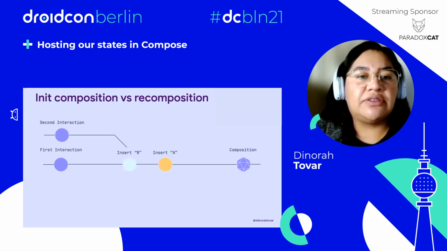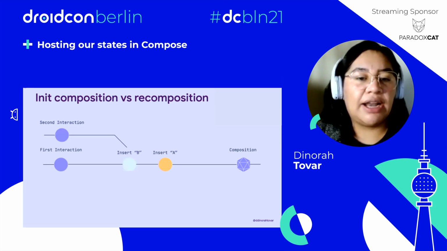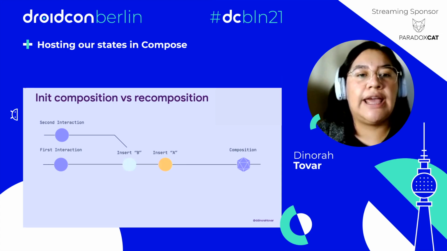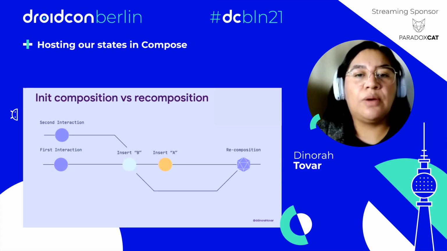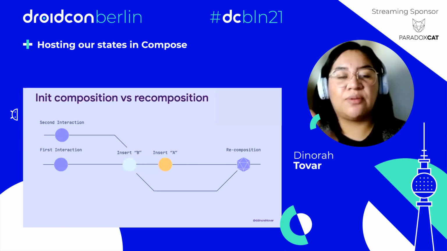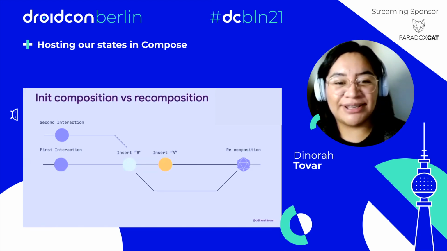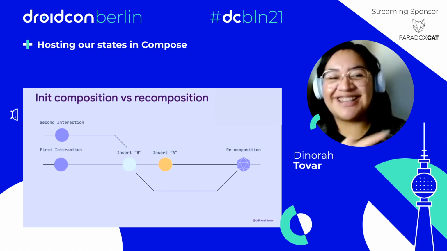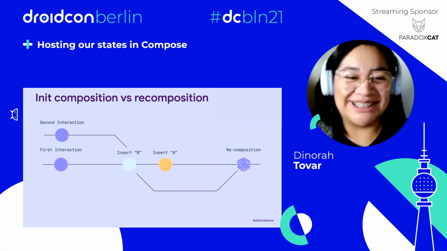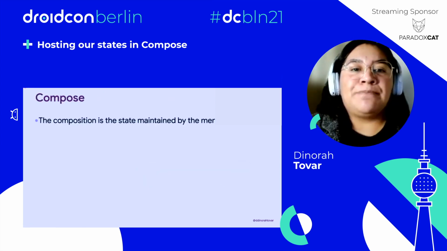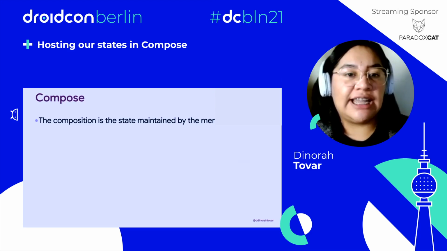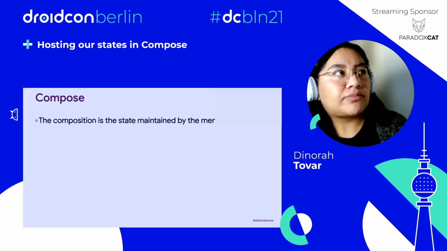If there is a second iteration, maybe we are inserting another letter on our keyboard, we go over to do the composition and update the value that was already in the first composition. So every time you do a change, this is rewired pretty much. So the composition is stored and maintained in memory.